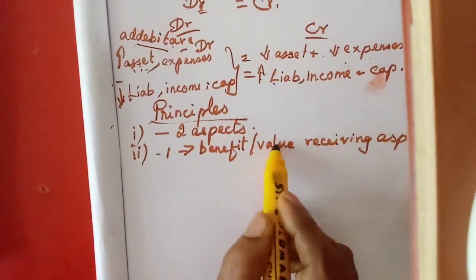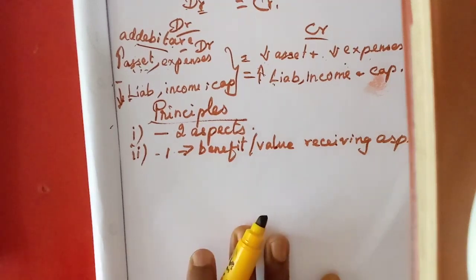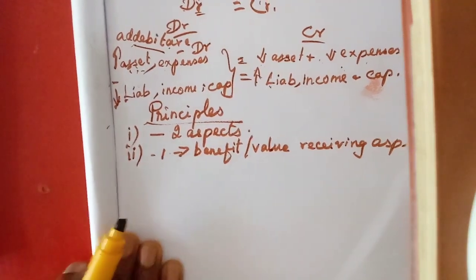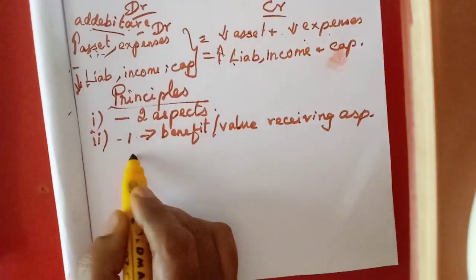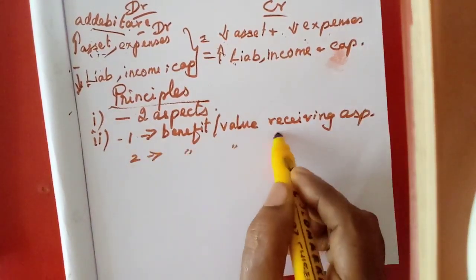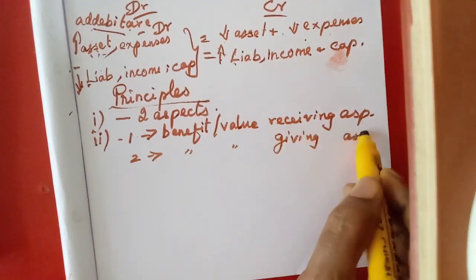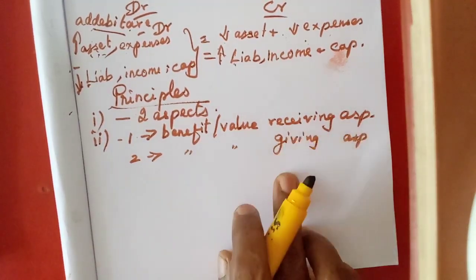We receive value or the benefit. The other, the second aspect, may be the benefit or value giving aspect. We can simply say receiving aspect and giving aspect.